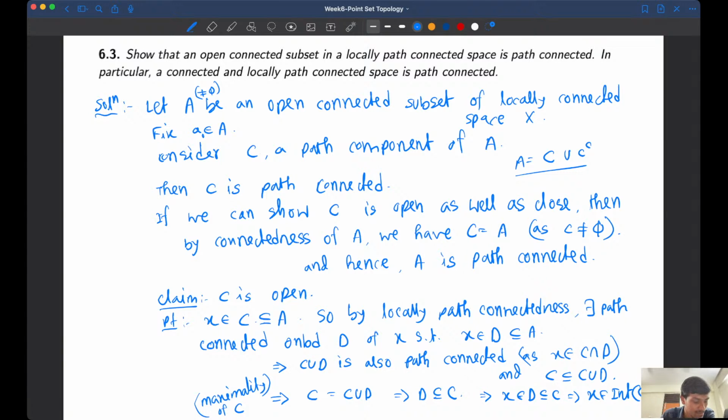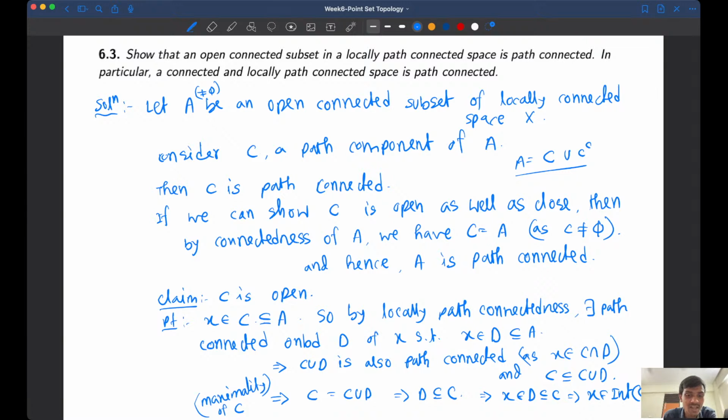Right, is it clear? So the thing that I initially started with was C as just all the points connected by paths from a0. There the problem is to show that it is open and closed. I can't say anything; the union is fine, path connected, but I have to somehow show that it is open. So for a taken x I have to get an open neighborhood around it.